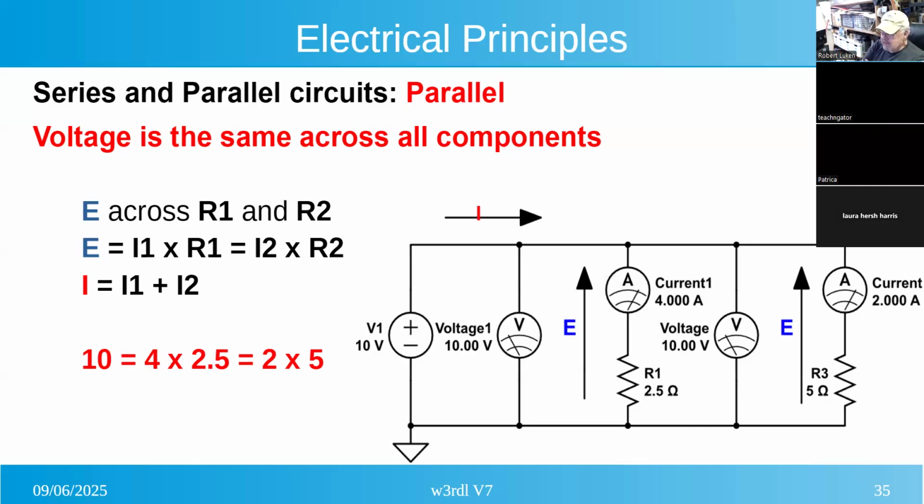I didn't label it, what you would see coming out of the power supply. It's going to supply 4 amps down one leg and 2 amps down the other leg, or 6 total. So the basic difference: in a series circuit, the current is the same. In a parallel circuit, the voltage is the same.